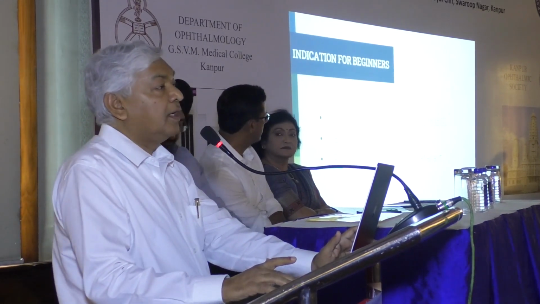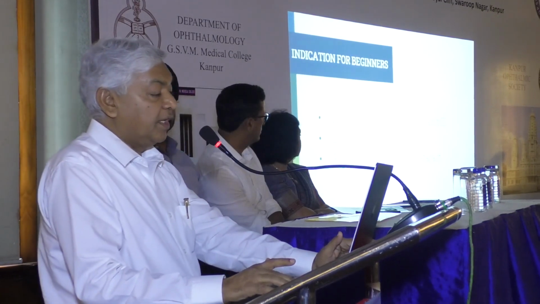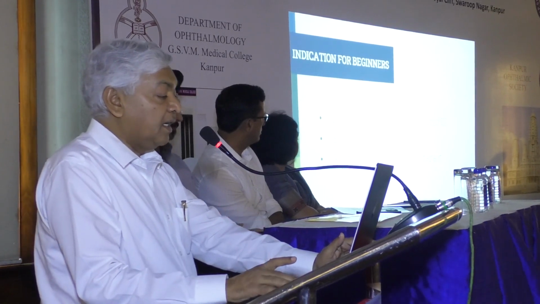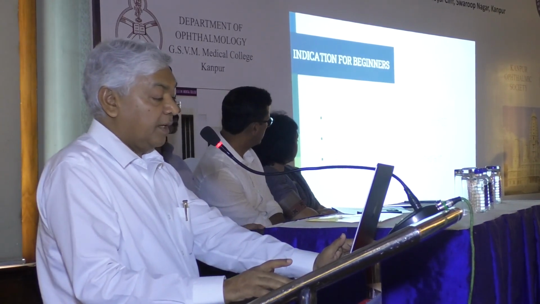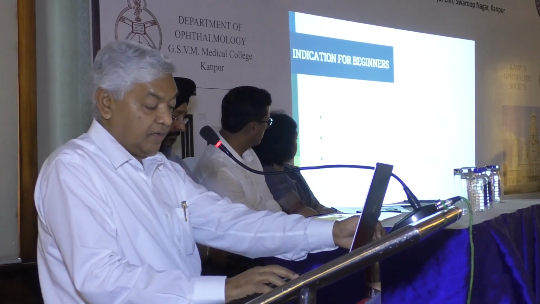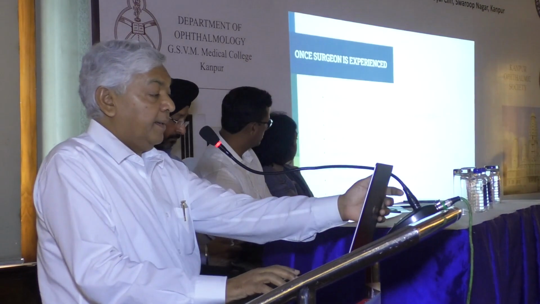To start learning phaco, you have to select cases in which the nuclear sclerosis is grade 2 and 3, and sometimes cortical cataract or posterior subcapsular cataract is better to select for learning phacoemulsification.